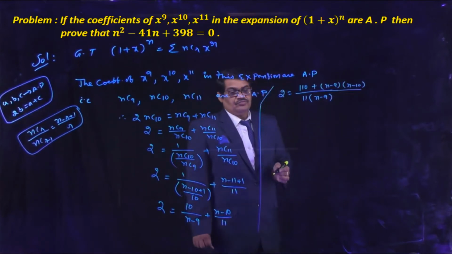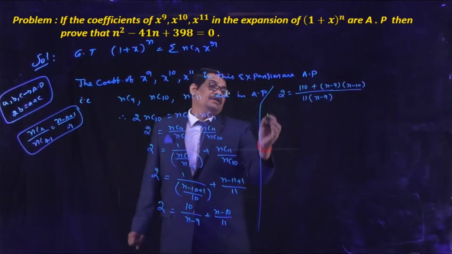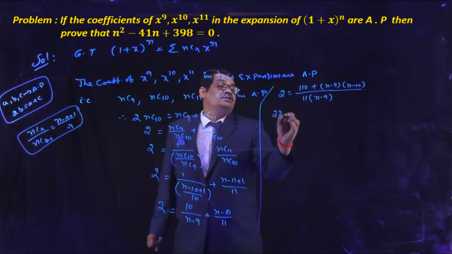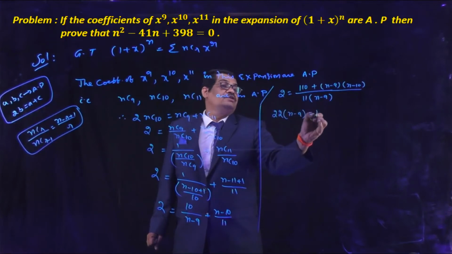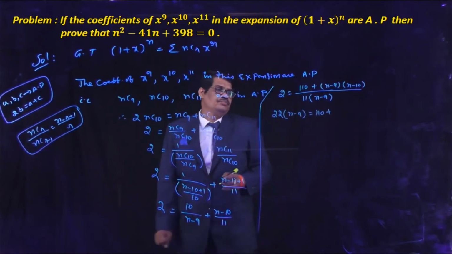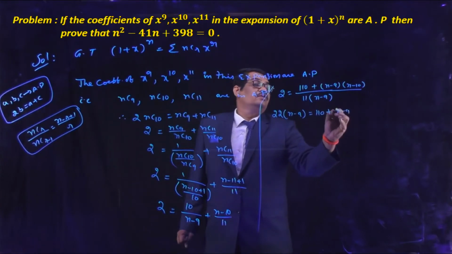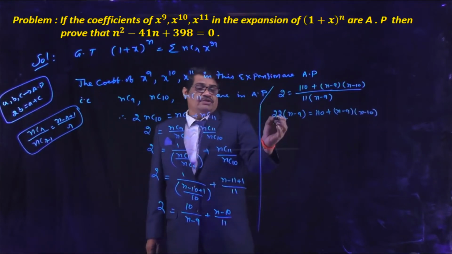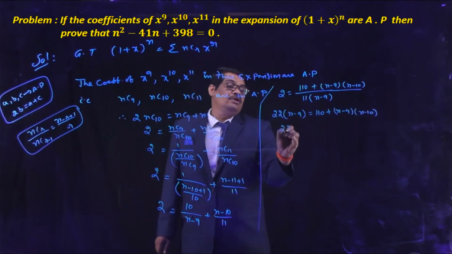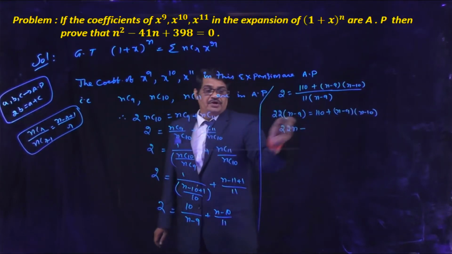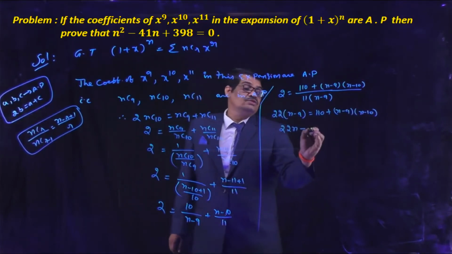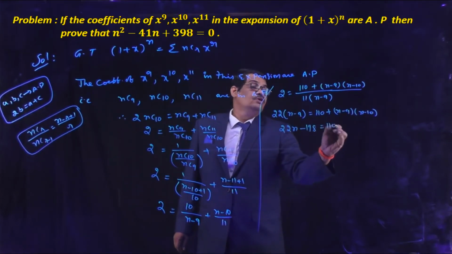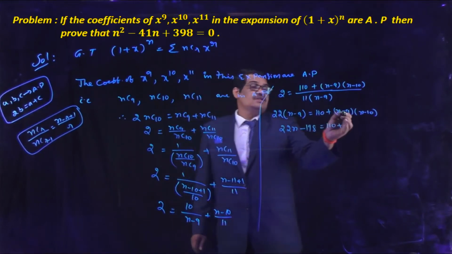Now we move this term to the LHS side, that is 2 into 11, that is 22, into n minus 9, equal to 110 plus n minus 9 into n minus 10.